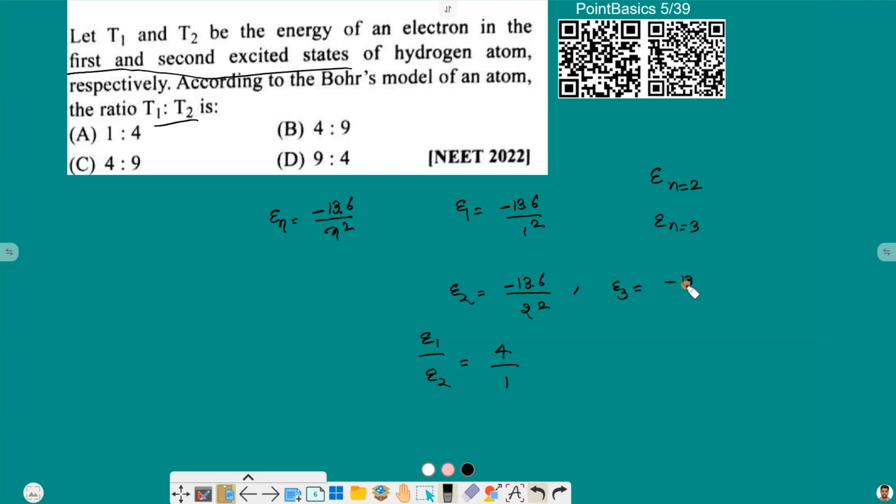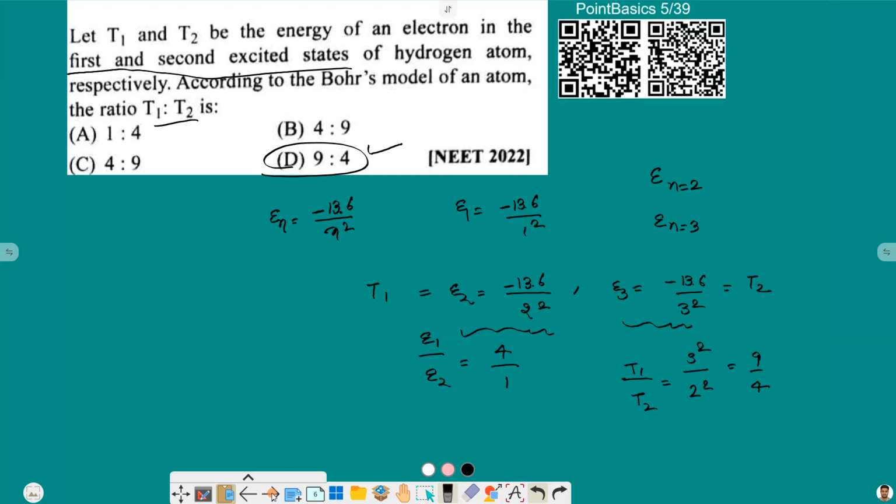So E3 will be minus 13.6 by 3 square. Now, this is the first excited state, and that will be equal to T1. This is second excited state, this will be equal to T2. And now T1 by T2 will yield us 2 square by 3 square. That will be 9 by 4. So that is option D for us.